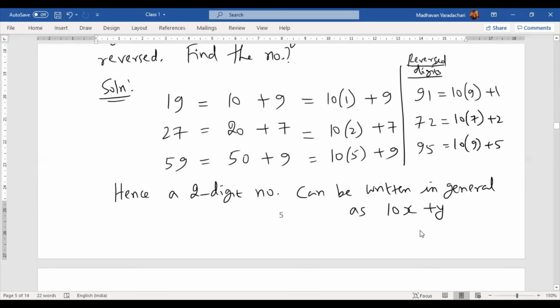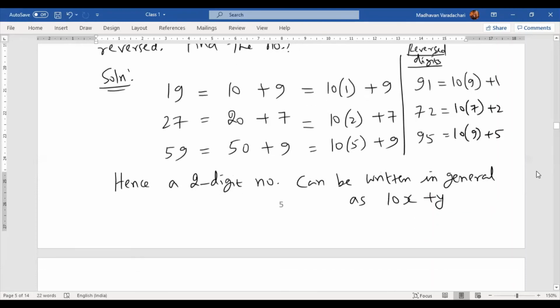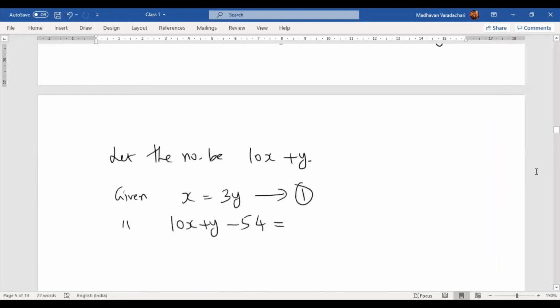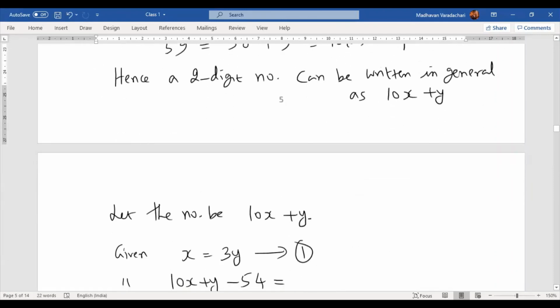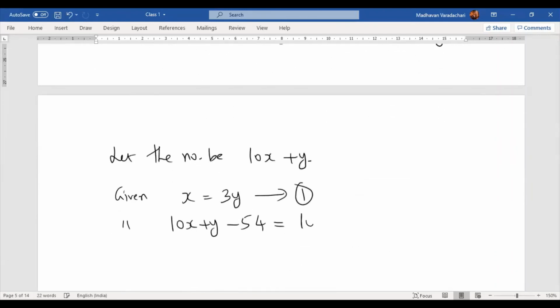Means instead of 10x plus y, it became now 10y plus x. So they say once you subtract 54, the digits are reversed. So that means our result should be 10y plus x. That is what it is. So I can call this equation 2.